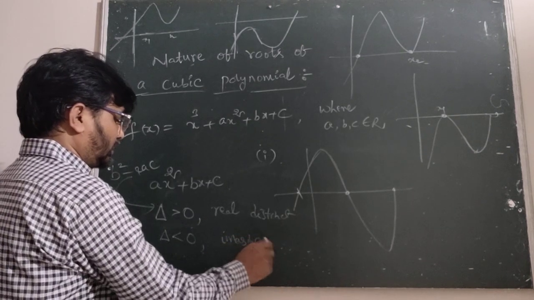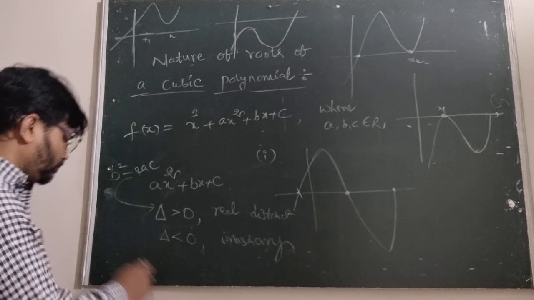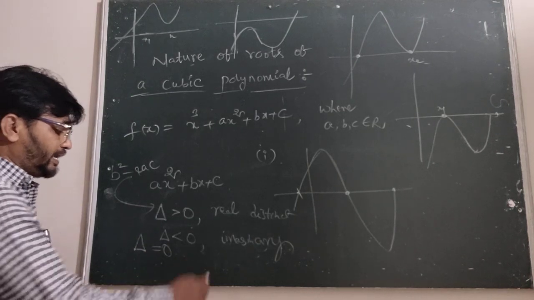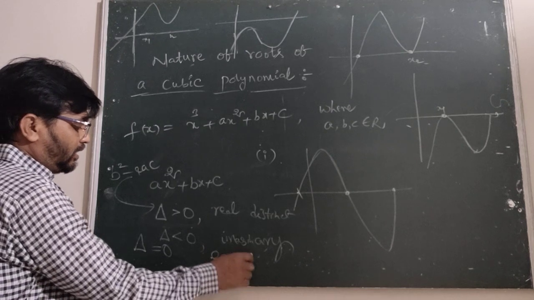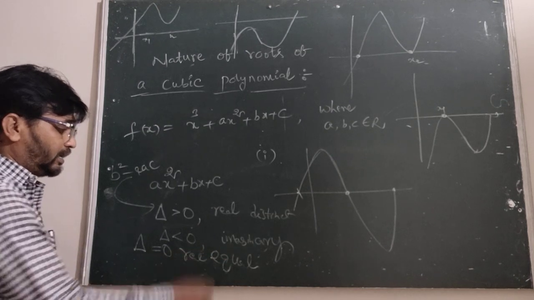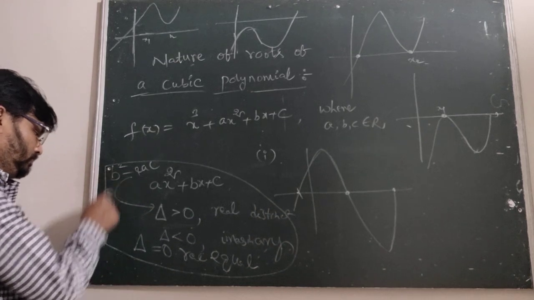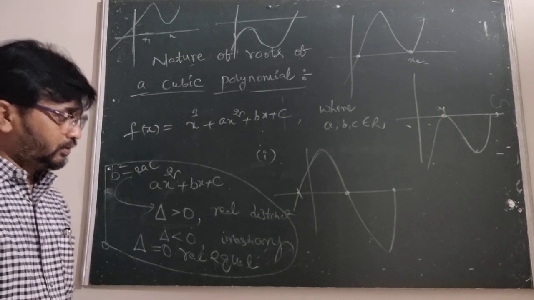Suppose the discriminant equals 0, the roots are real and equal. We know that information.